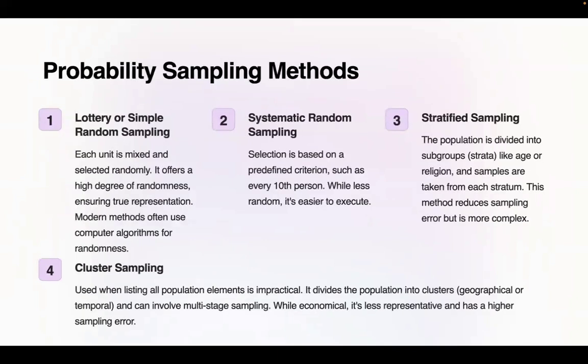So the first method of sampling which is important for us is probability sampling methods. As the name suggests, there is a chance for each and every individual to get selected. It's not something based on a criteria. Non-probability means the criteria are declared.